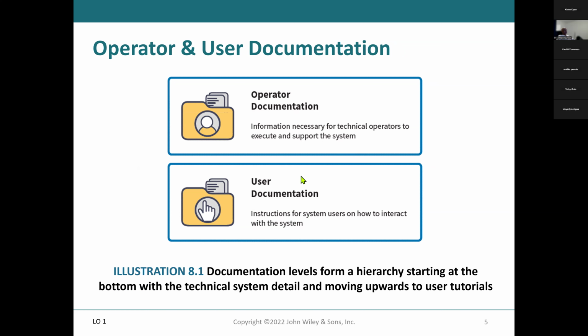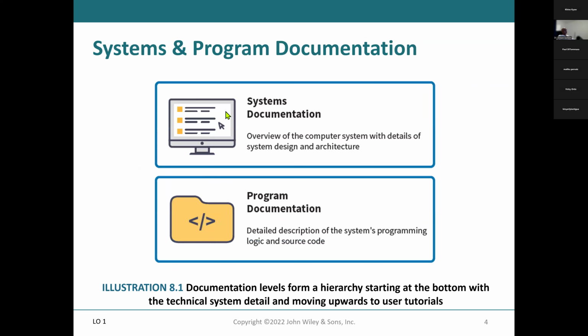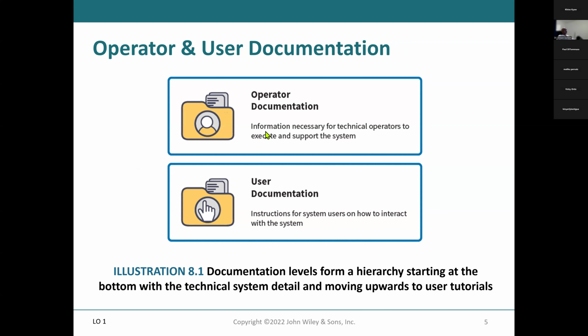Now, within these four categories: system documentation, program documentation, operator documentation, and user documentation, these are what we're calling classical concepts. In the past, and I'm now going back from the 1960s, 1970s till recently, the way you have used computers has changed significantly.